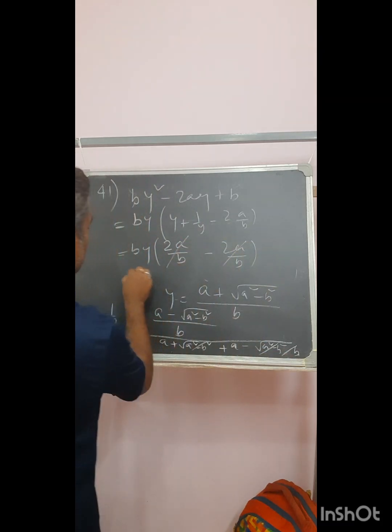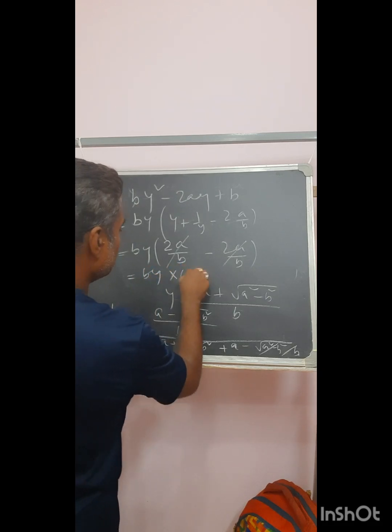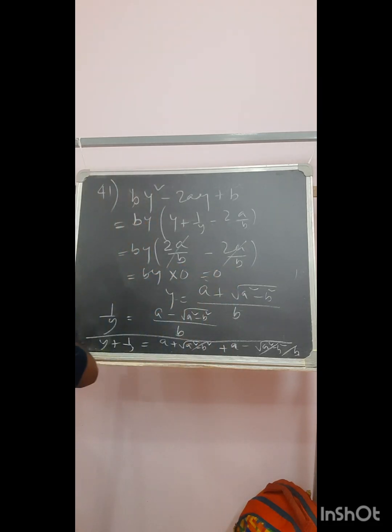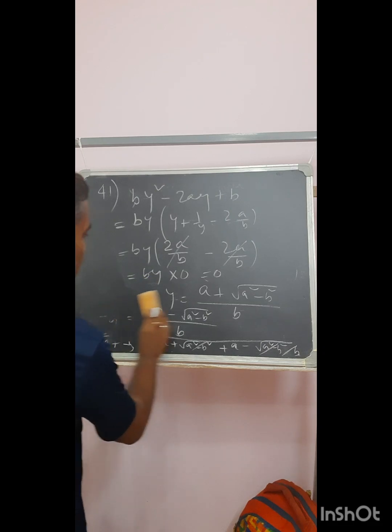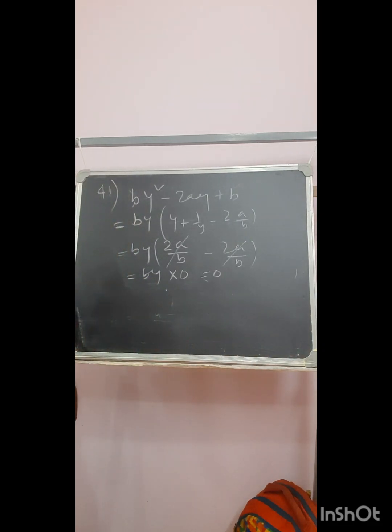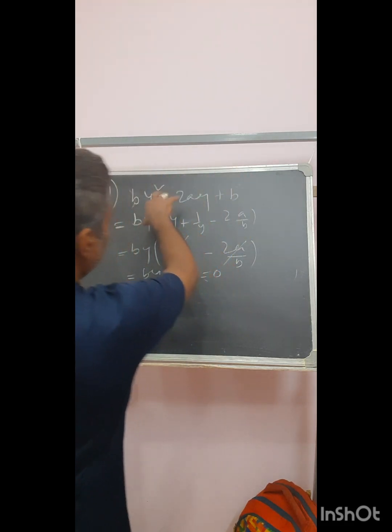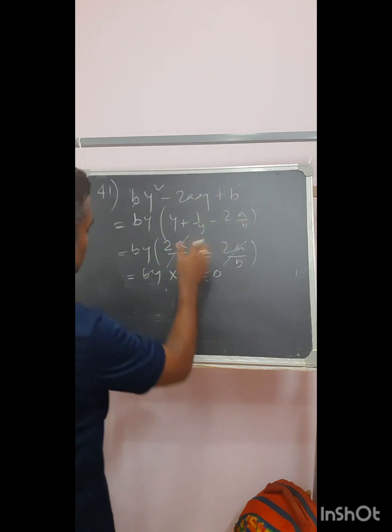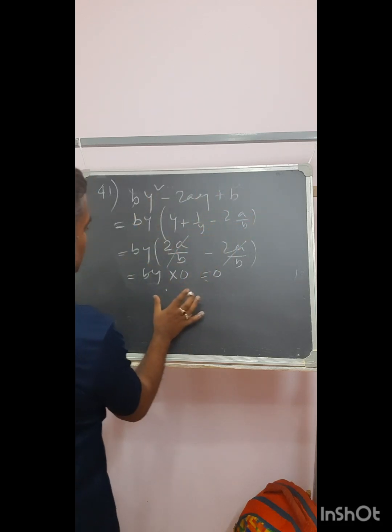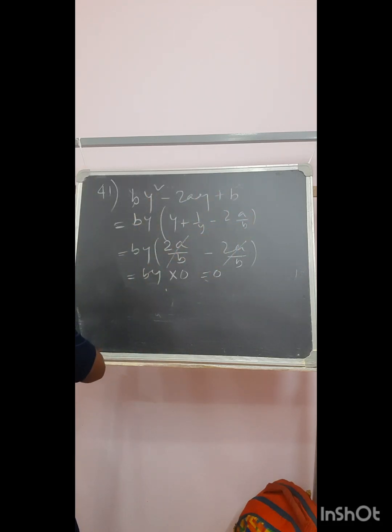That means b y into 0, that means 0. So you need not put the value of y here. The ultimate answer will be 0. So you can solve it by thinking a bit without directly putting the values. It will be more clumsy then. Other than that, if you think somewhat, you can get the answer easily.